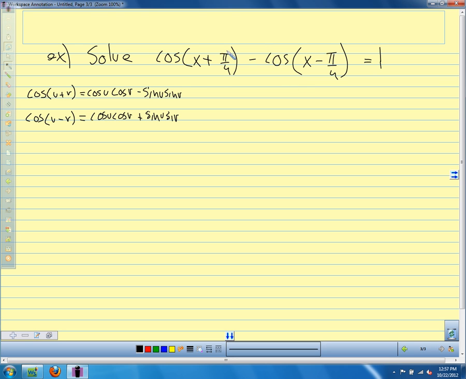So for this one, I end up with cosine x cosine pi over 4 plus sine x sine pi over 4. And I'm going to subtract here because I have a minus. And then I'm going to use the other formula for what I have here.